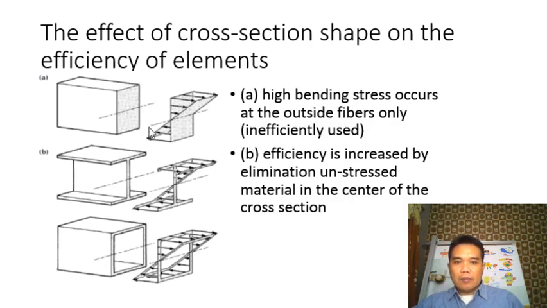So this is different from the case of using a steel profile, for example, or hollow steel. In this case, for both profiles, I profile or H profile or O profile or hollow, the efficiency is increased by elimination of stressed material in the center of the cross section.